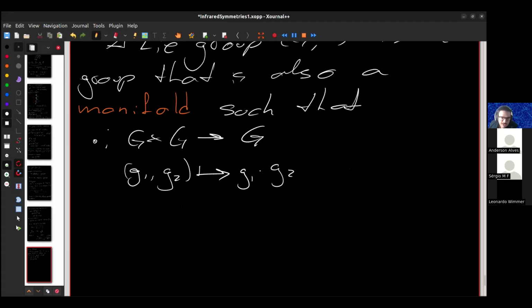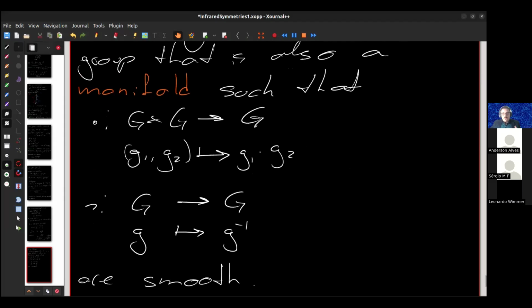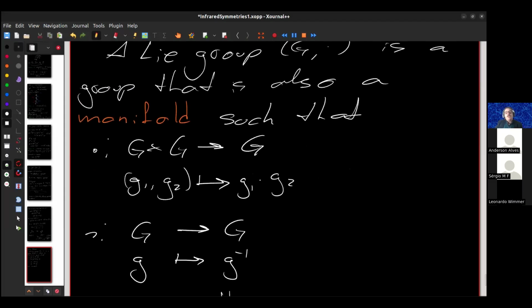And I'm going to ask for a different operation, which is the inverse, which takes an element to its inverse, to be smooth. So I'm asking here that a Lie group is a smooth group. By that I mean that I not only have an algebraic structure, this group structure, I also have a structure that tells me that the group is continuous, and even more than continuous, it is differentiable, and it is, of course, smooth.